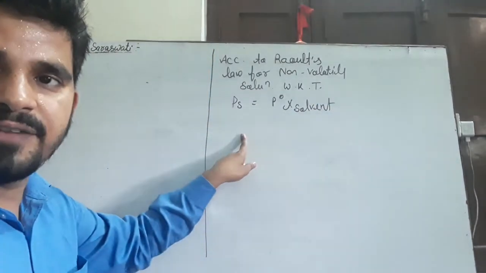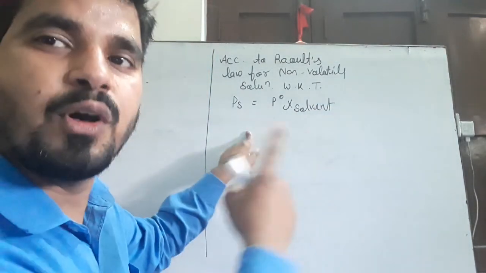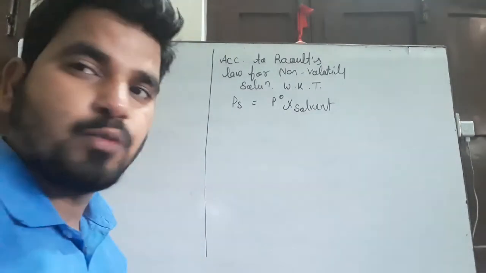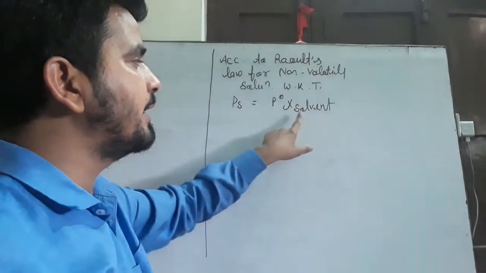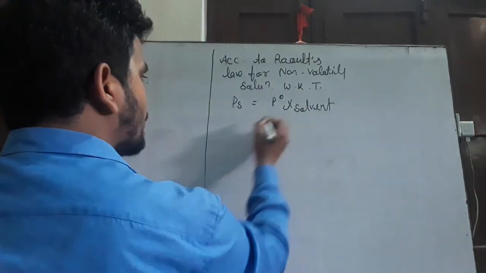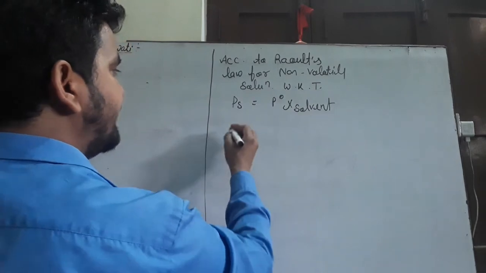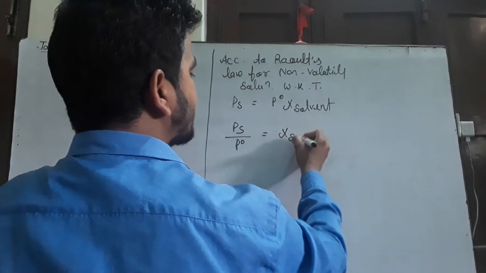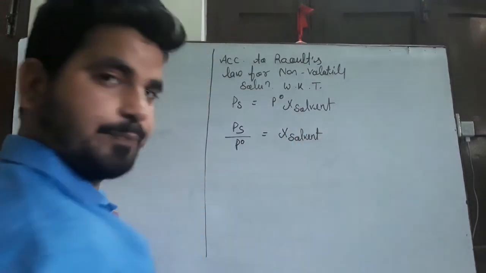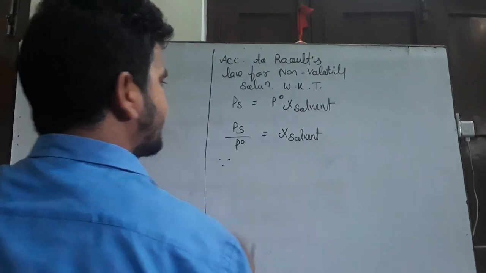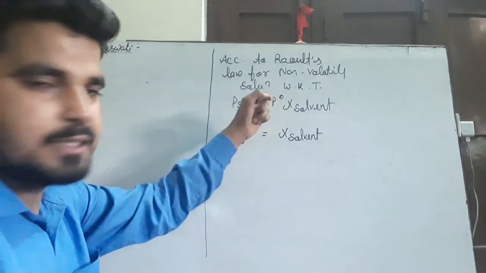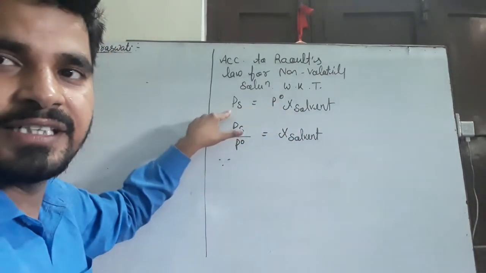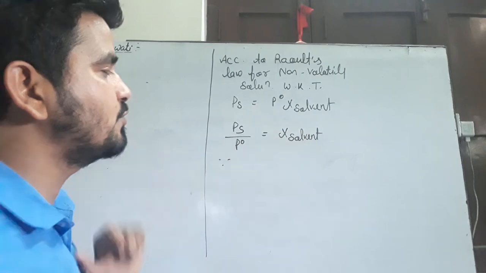We know this derivation, yes, it was in Raoult's law, dear children. So PS is equal to P naught xi solvent. After taking P naught to the left side, what happened? PS upon P naught is equal to xi solvent. Yes or no? When I take P naught towards the left hand side, it becomes PS upon P naught is equal to xi solvent.